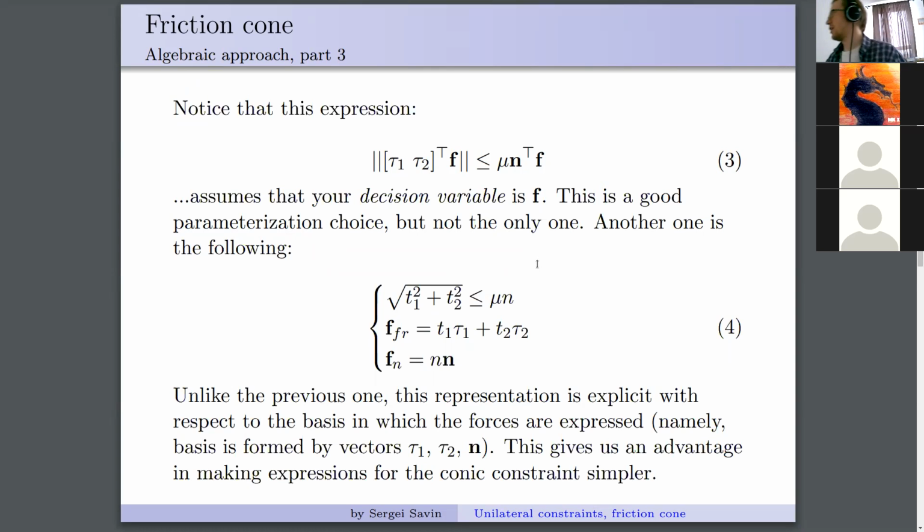As we just saw, it allowed us to describe the friction cone. But that is not the only possible choice.